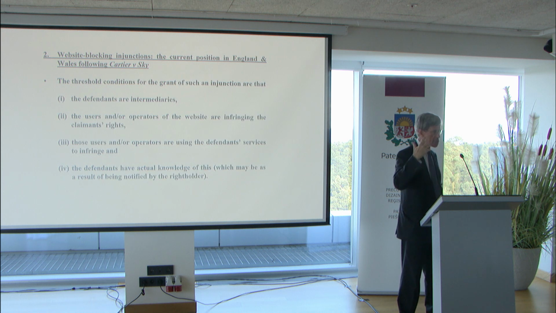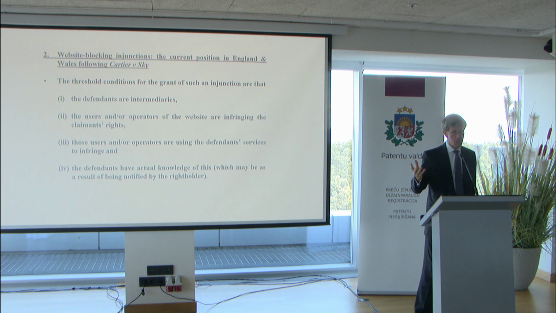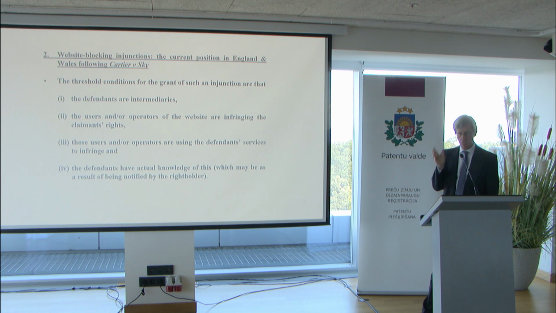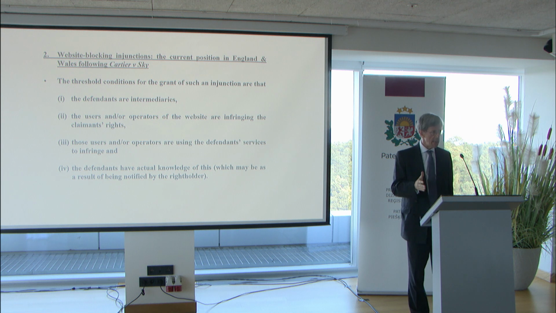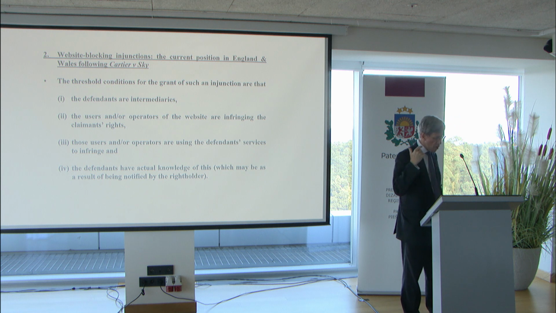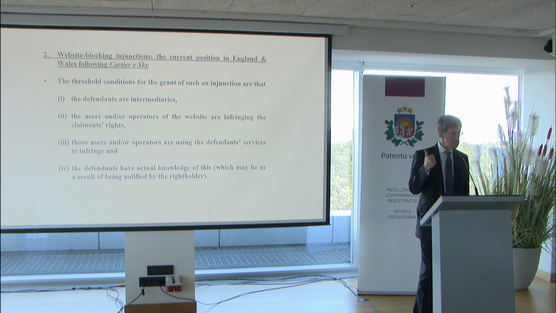Now, in deciding whether to grant such an injunction, there are 4 threshold conditions that the right owners must satisfy in order to open the jurisdictional gateway. And there are 4 of them. Firstly, that the defendant is an intermediary. Secondly, that the users and/or operators of the website are infringing the claimant's rights.